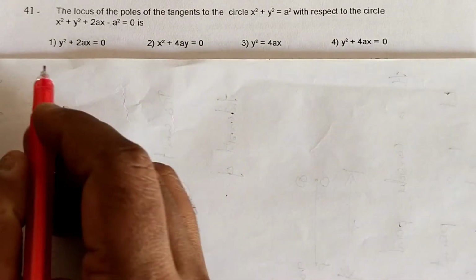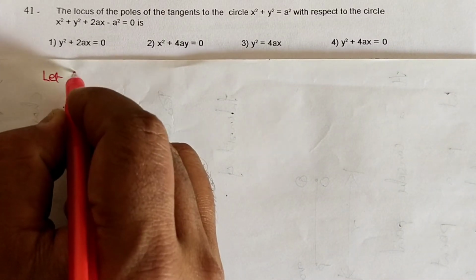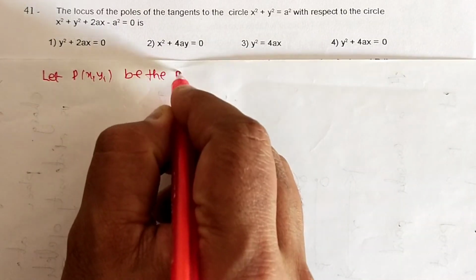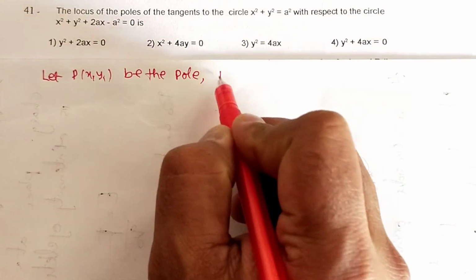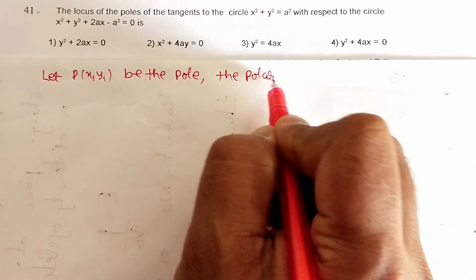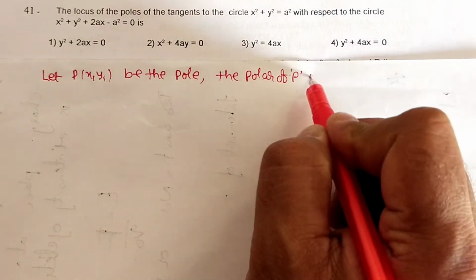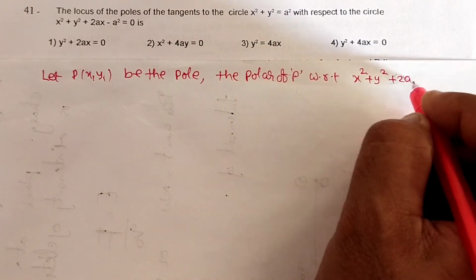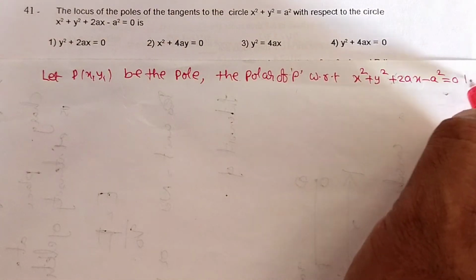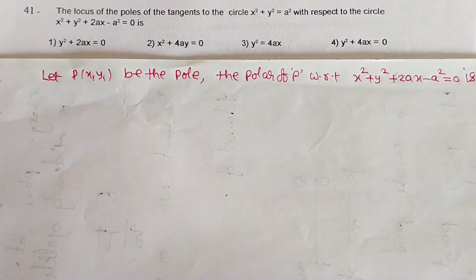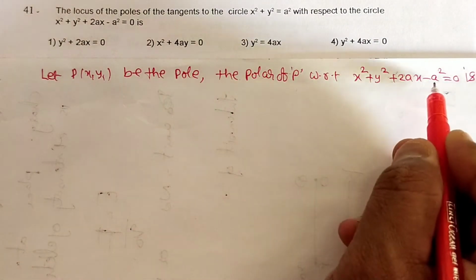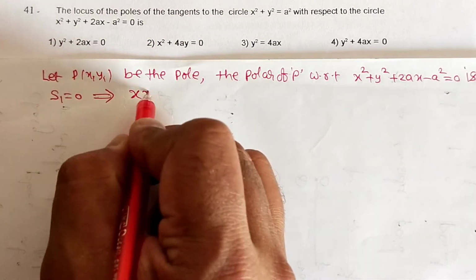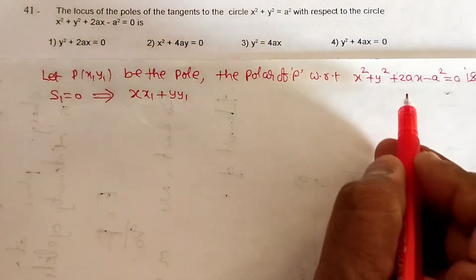So now let P(x1, y1) be the pole, and the polar of P with respect to the circle x² + y² + 2ax − a² = 0 is S1 = 0. For this circle I am writing S1 = 0, that is xx1 + yy1 + g(x + x1).